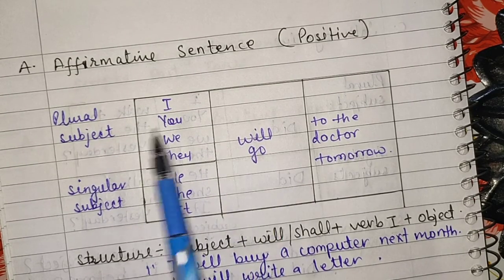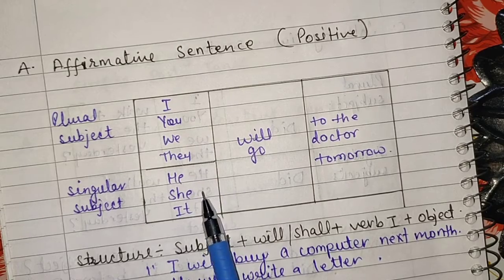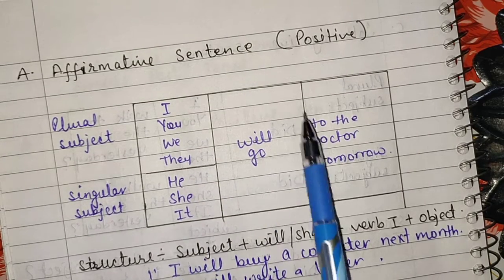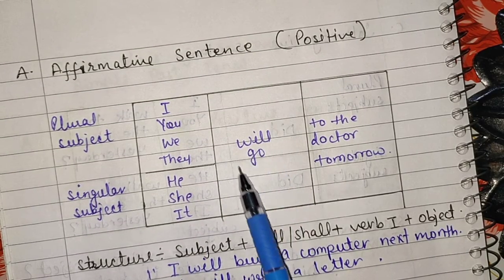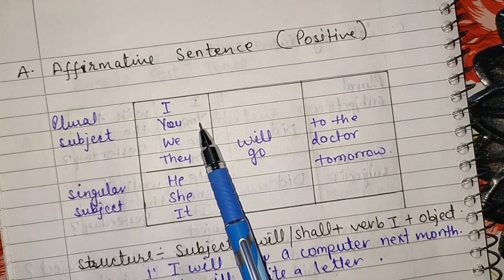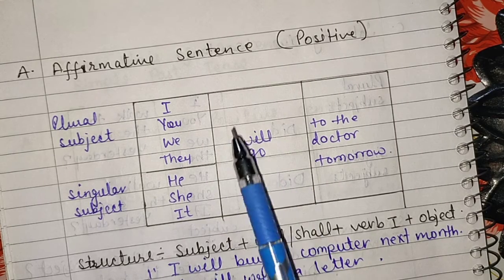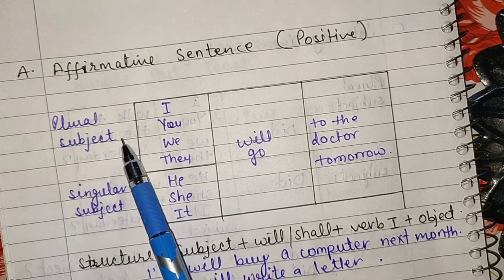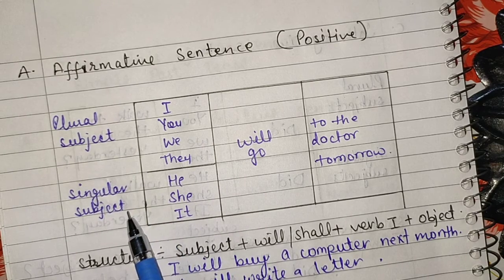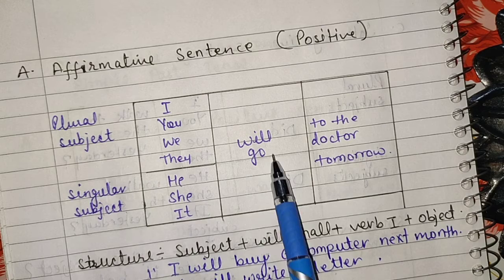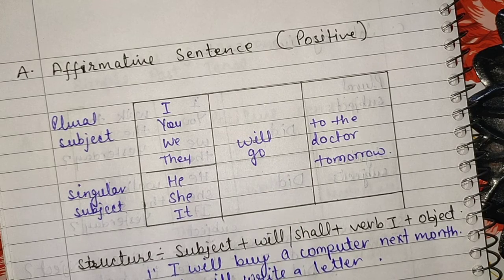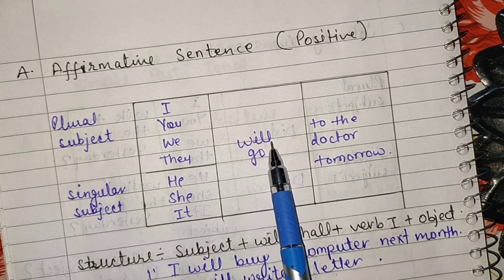Here again singular and plural subject will use will. We don't need to be careful about what we will use with plural subject, what we will use with singular subject. So verb will be used here in first form and we will use will.